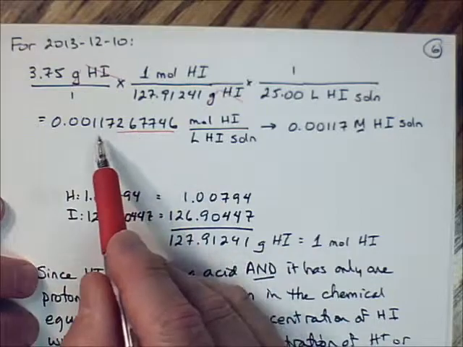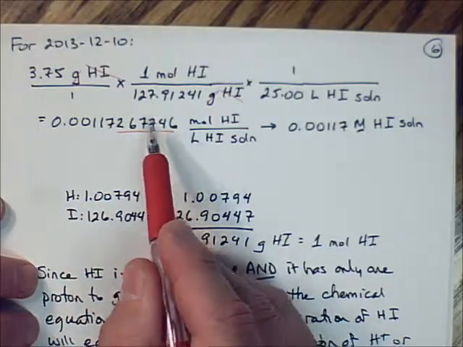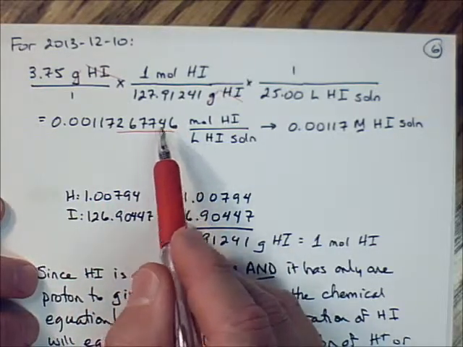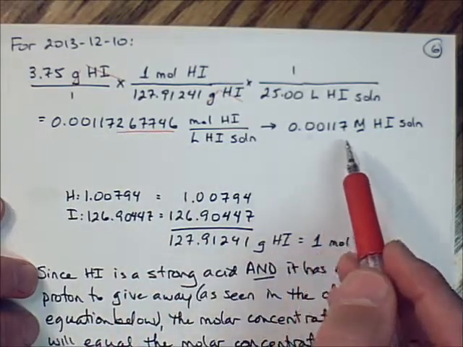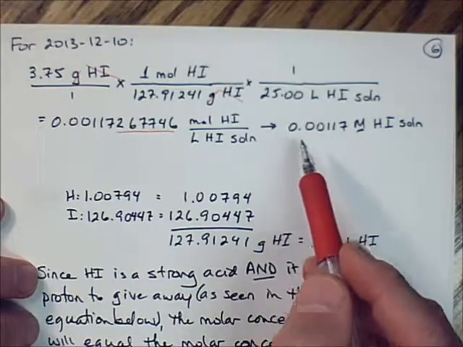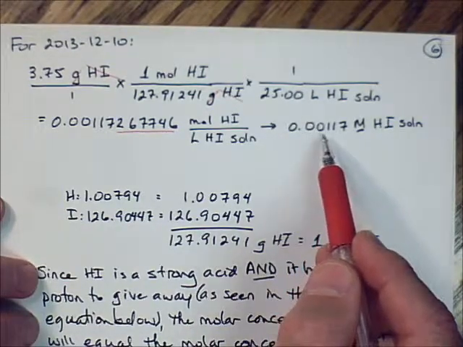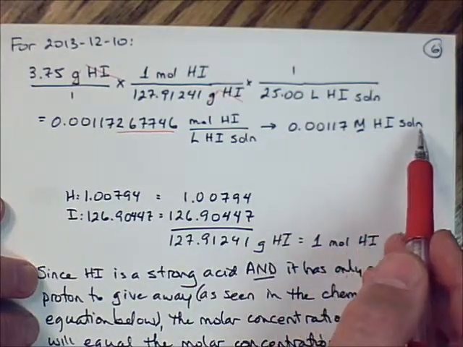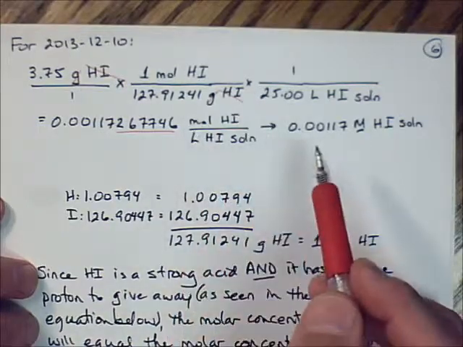You may have a few extra digits here. Don't worry about it. Round it off properly, and this is the correct answer: 0.00117 molar HI solution.